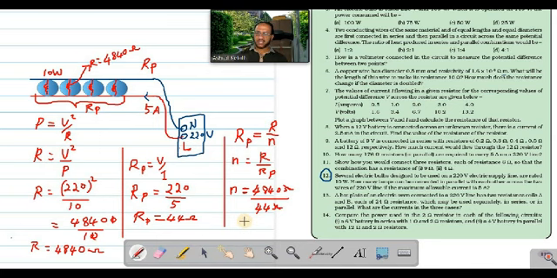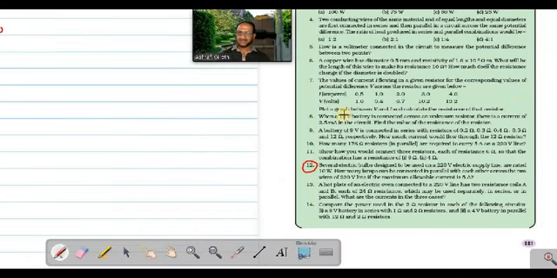The ohm gets cancelled because we get only the number of bulbs. How much is 4840 by 44? 110. Very good. 110 bulbs can be connected on one strip. So before designing the LED strip, after doing the calculation, they find out how many LED bulbs can be on one strip, and with that length they will cut it.